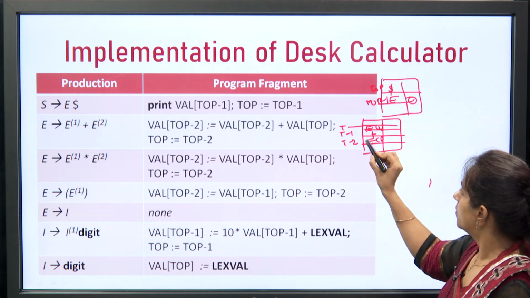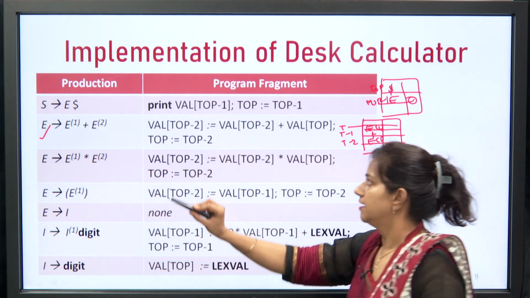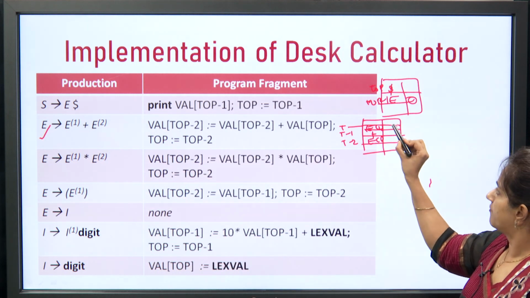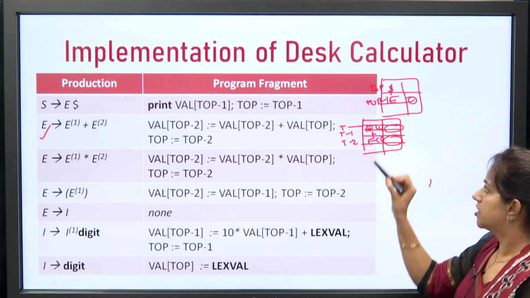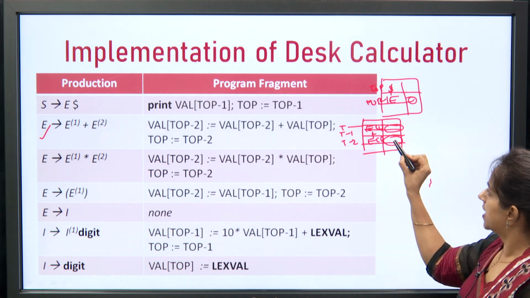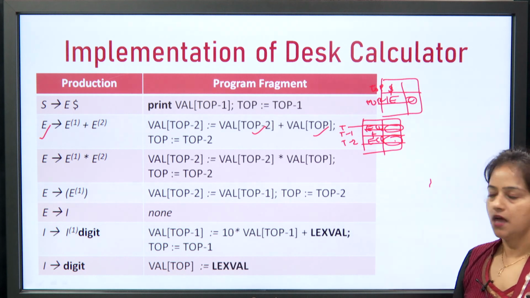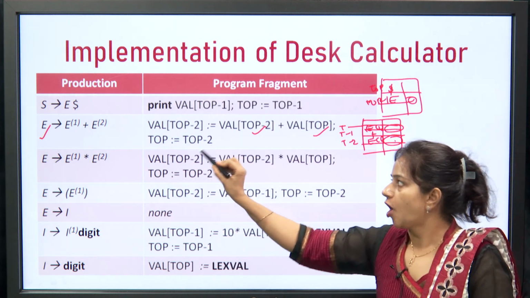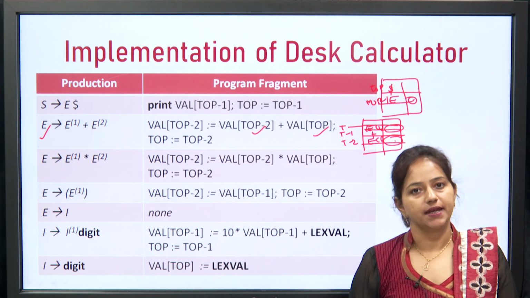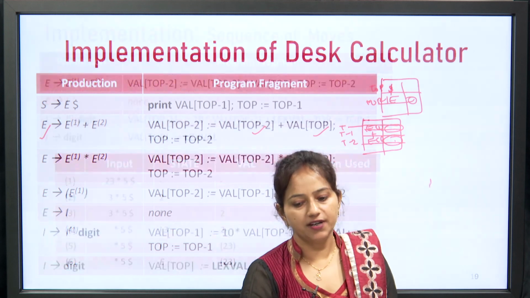So, the value corresponding to this non-terminal will be the value of translation for this non-terminal plus the value of translation for this non-terminal. So, this is at top minus 1 index and this is at top index, and then after doing the computation they will be popped and top should be updated to top minus 2. So, in that way the program fragment will execute.